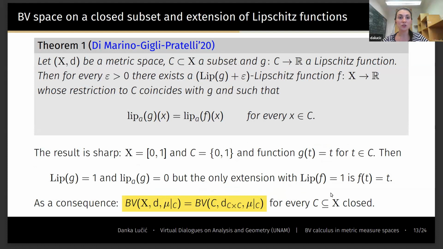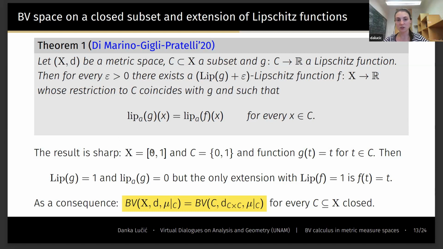It is a result by Di Marino, Gigli, and Pratelli, which says that given a metric space, a subset C and a Lipschitz function g, then for every epsilon we can find a Lipschitz function whose Lipschitz constant is epsilon close to that of g, whose restriction to C coincides with g itself, and for every point of C the asymptotic Lipschitz constants coincide. So we are preserving the asymptotic Lipschitz constant, but we have to change a little bit the global Lipschitz constant.